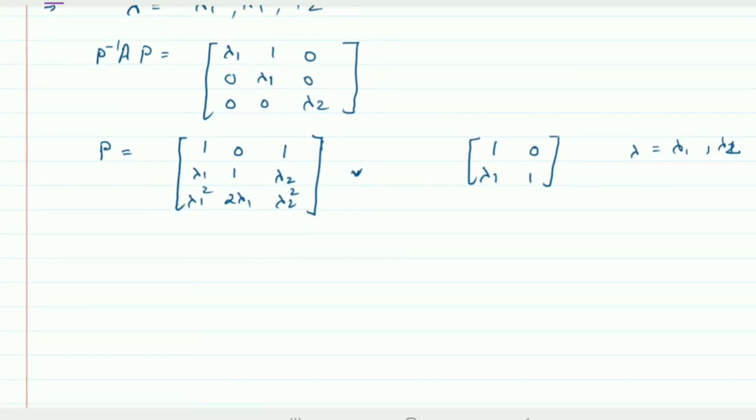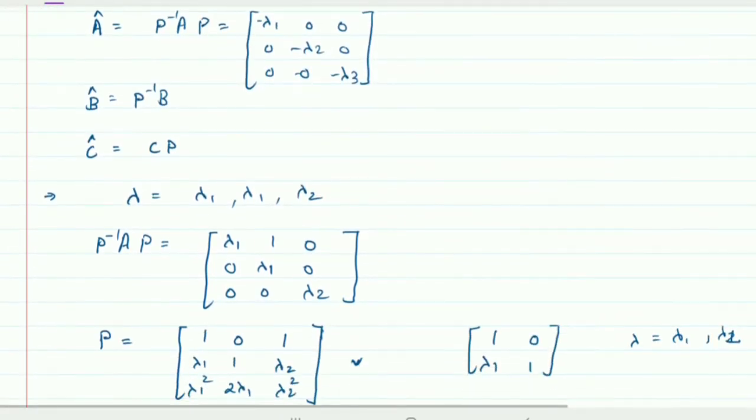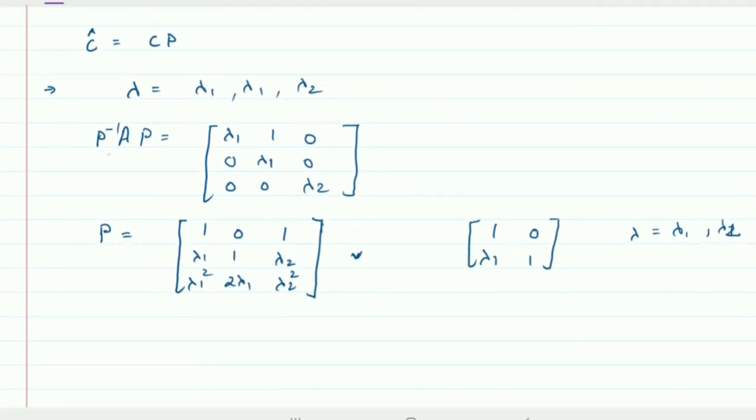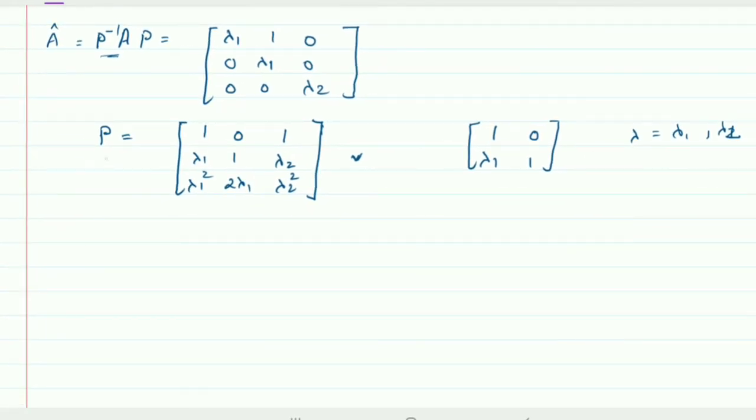The B and C matrices will have the same formula. The only thing that will be different is the P inverse AP matrix, which is the A hat matrix, will be in this form. The P matrix will be in this form, and the B hat matrix you can calculate by using P inverse B, and the C hat matrix will be CP.